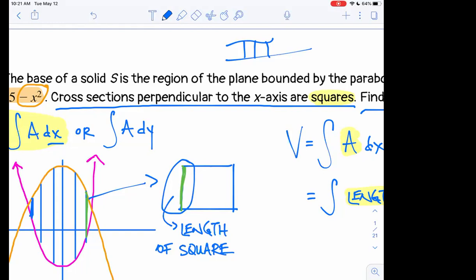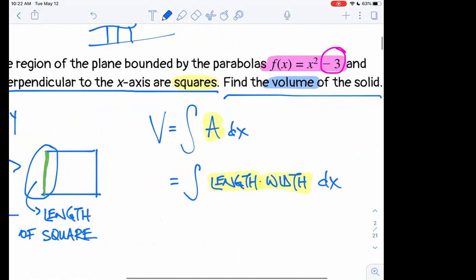And so what we're going to do here is, instead of writing length in words, I'm going to write it as 5 minus x squared, that's the top curve, minus x squared minus 3, because that's the bottom curve.